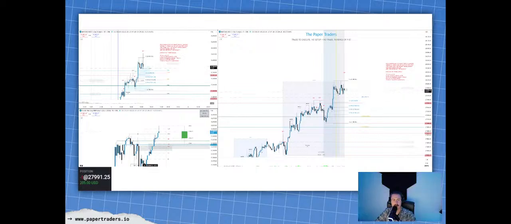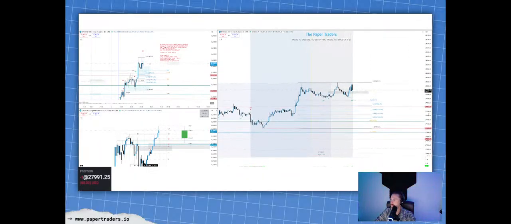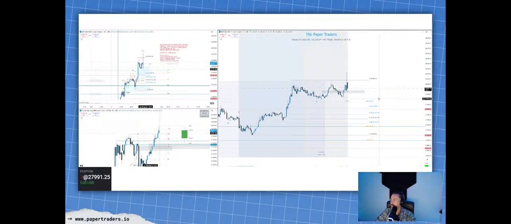Five minutes swept the low of the range. No previous daily high retest. This thing is fast today. 15-minute fully outside. Hourly manipulated as well. On the 1 minute, we have that little SFP forming out there. I might try it.